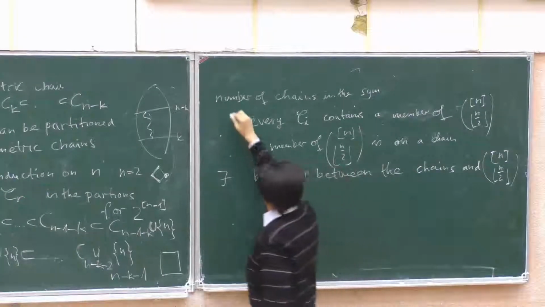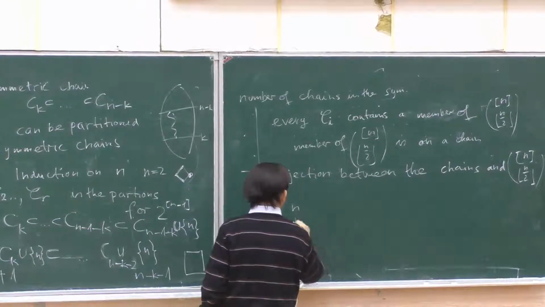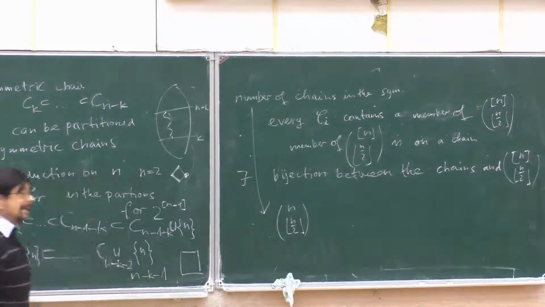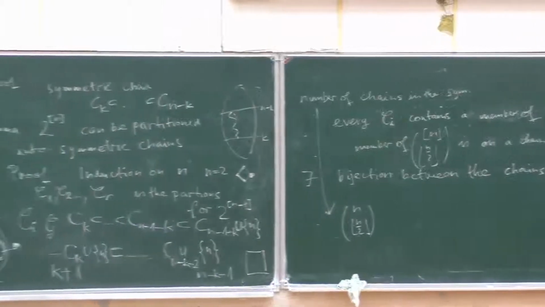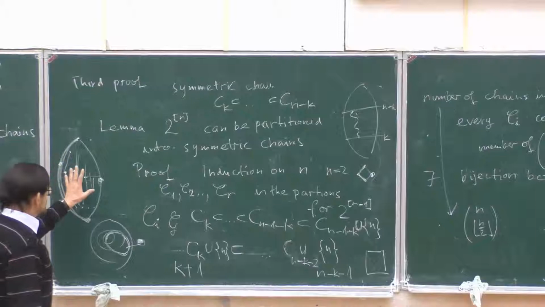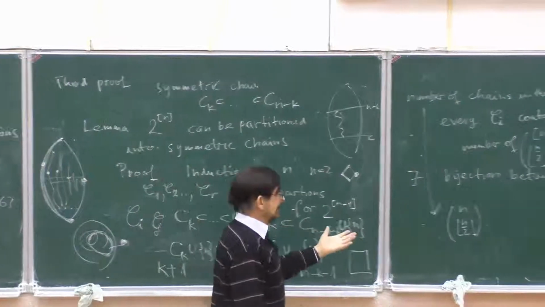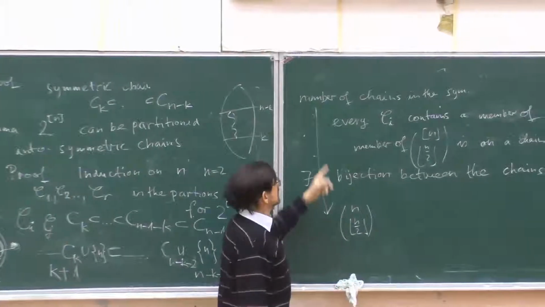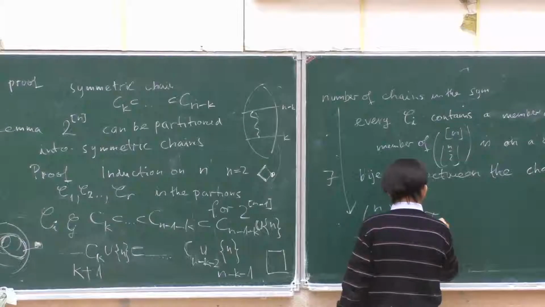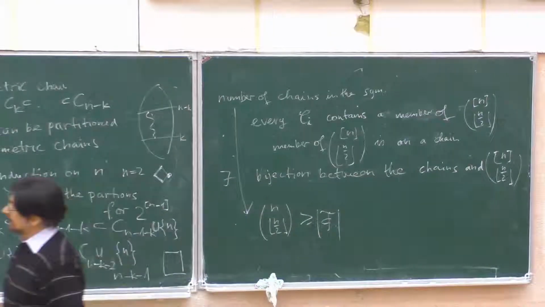So the number of chains is n choose n half. And so this is what we wanted to prove. So for each chain we can have at most one element, so we cannot have more than the number of chains. So this is a second proof.